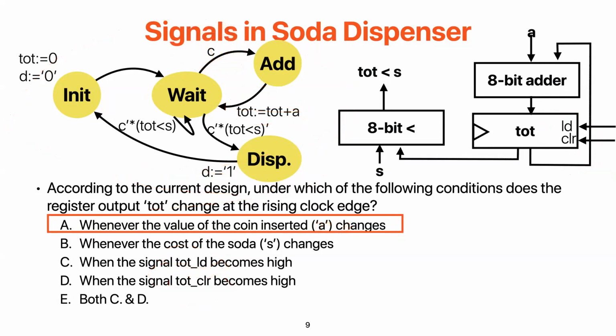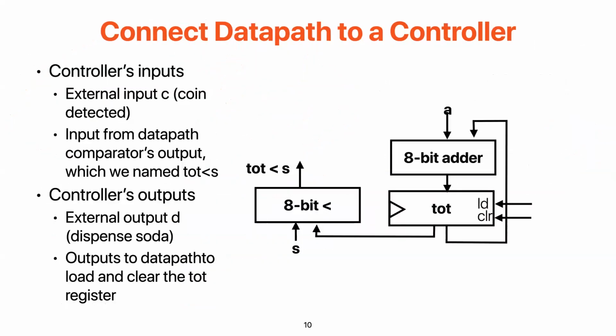But right now, let's talk about why we talk about this, right? So now we agree that we have the high-level state machine, and that part is not changing. The controller's external input is C, which means that the coin is inserted, and then the input from the data path, the comparator output, which we name total minus S. So those are the inputs.